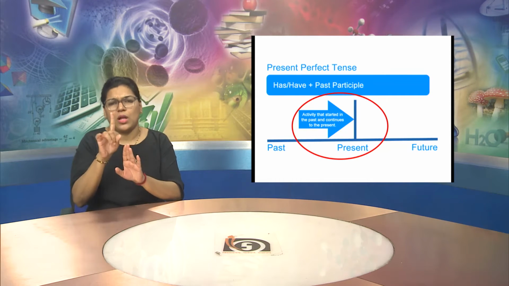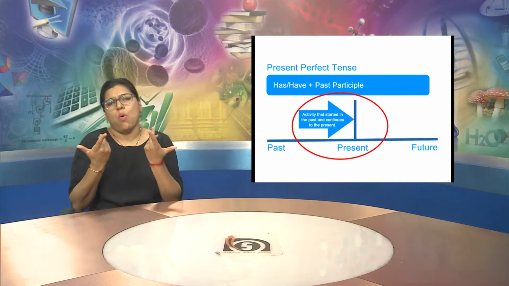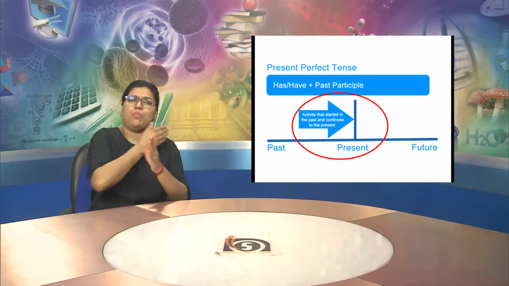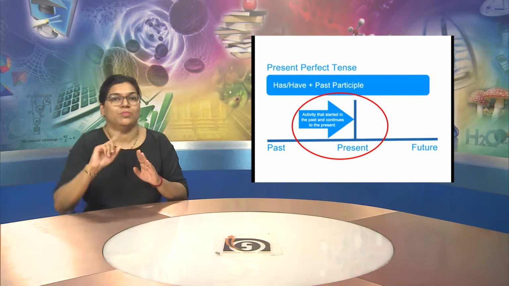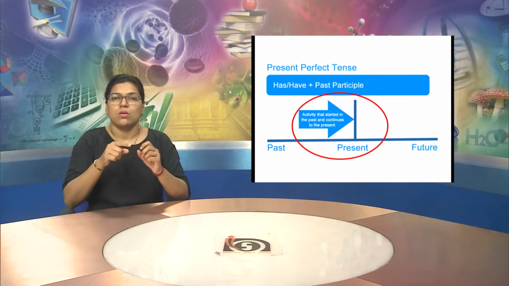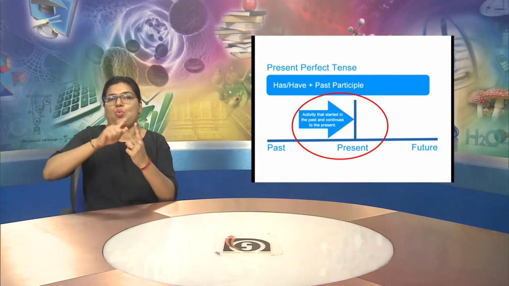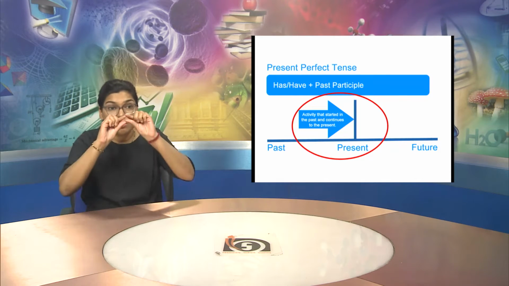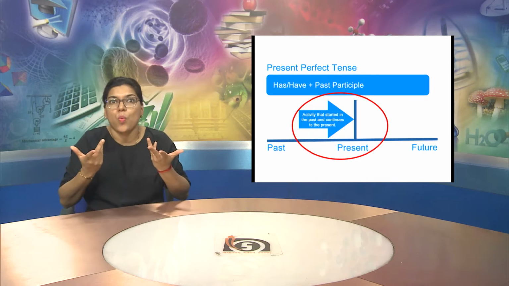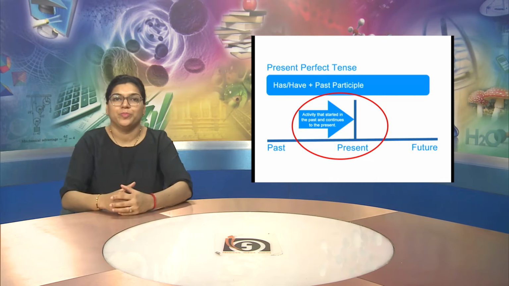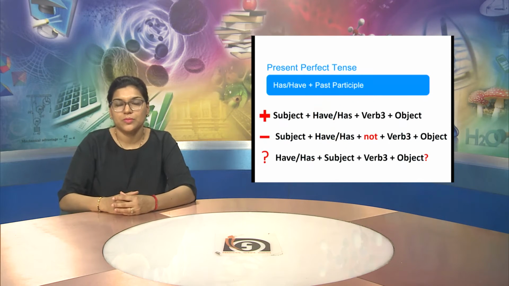So that is why it is present perfect. You can say that it is 1 week ago or 1 month ago, or it has just started. So both ways you can use. How do we use it in sentences? Let us see further.